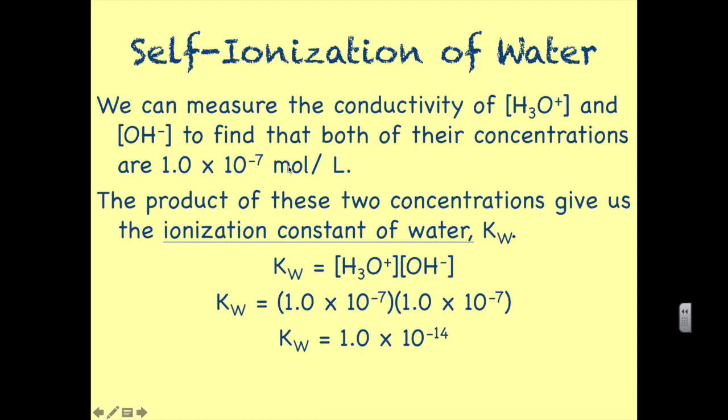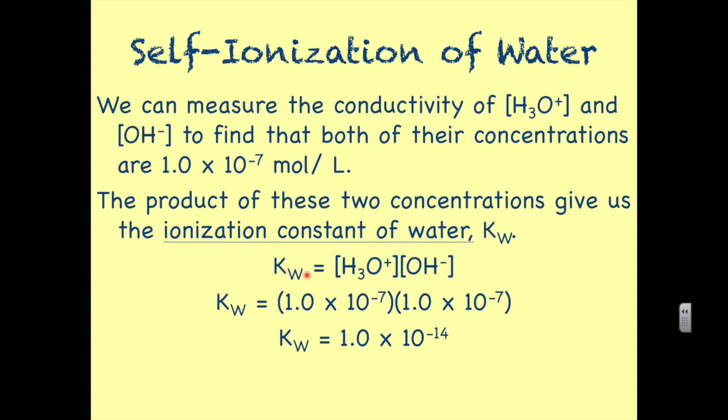Anytime you see brackets in chemistry, these brackets mean concentration in molarity. Now the product of the two concentrations of the ionization gives us the ionization constant of water, Kw. Remember K for constant. That's convenient, right?